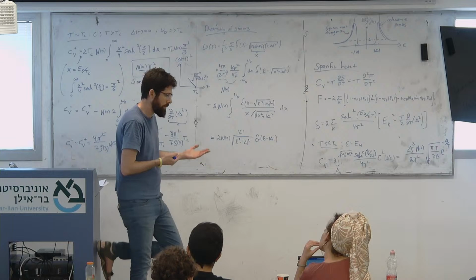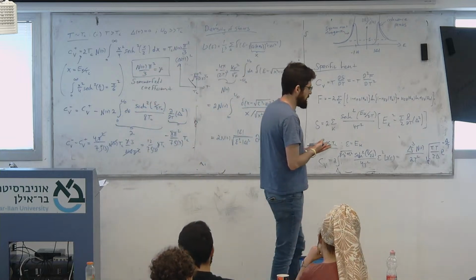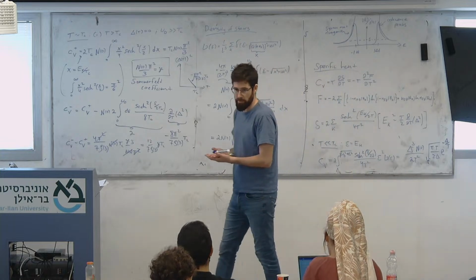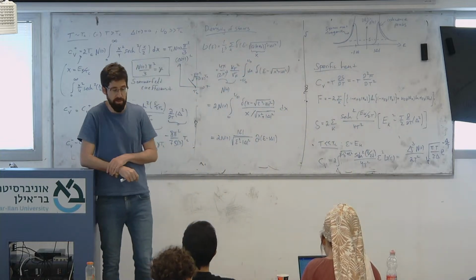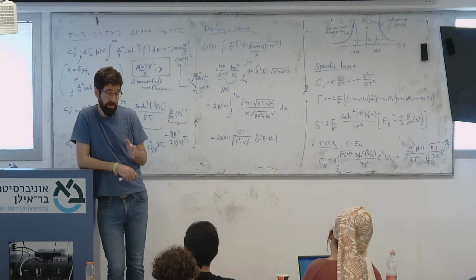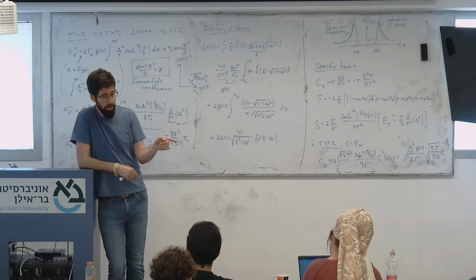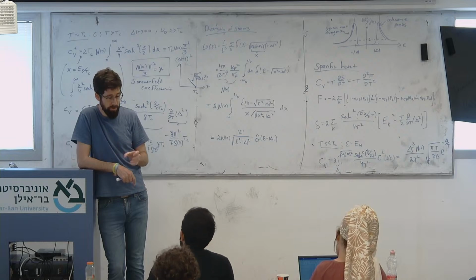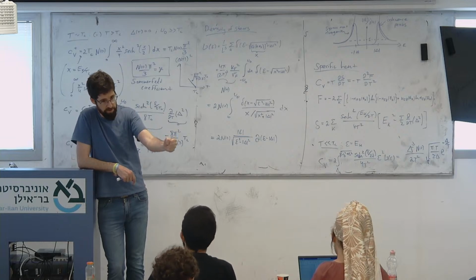Remember that when we're talking about a superfluid, the order parameter was associated with number conservation. The order parameter was the phase. So we had a U1 symmetry, which is global gauge invariance, and we chose a specific phase.